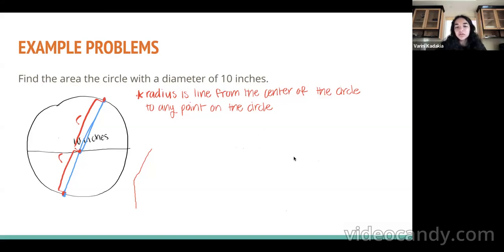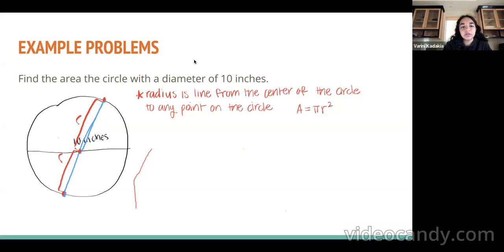For those that were not here when class started, we're going over areas of shapes. We have a few formulas that we're going to use. So the area of a circle is equal to pi r squared.